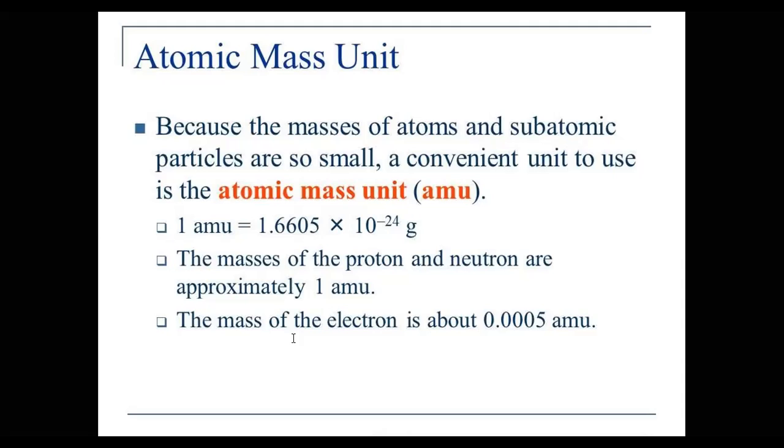Therefore, mass depends on the number of protons and number of neutrons. Because one proton has 1 AMU, two protons have 2 AMU. Therefore, the number is sufficient.